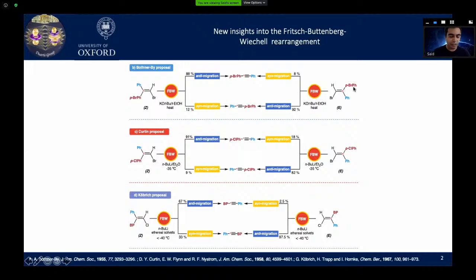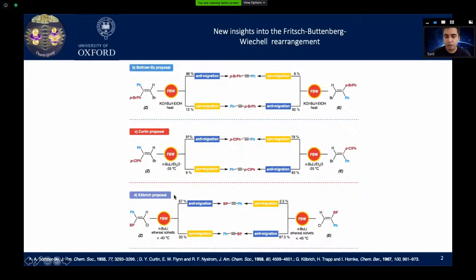Similarly, in the Köbrich experiments, you obtain similar results, in which they only change the reaction conditions. Actually, these are the most common conditions nowadays to obtain this type of rearrangement.